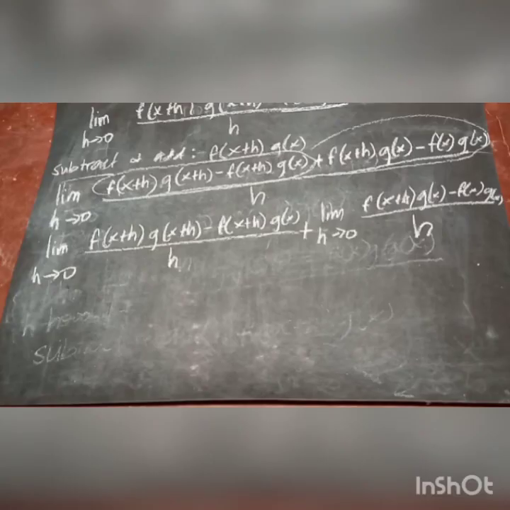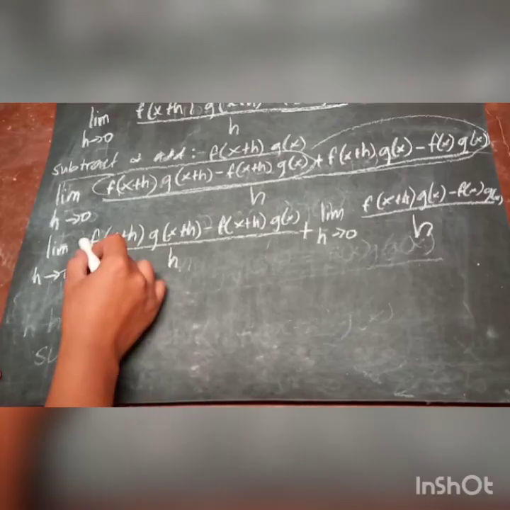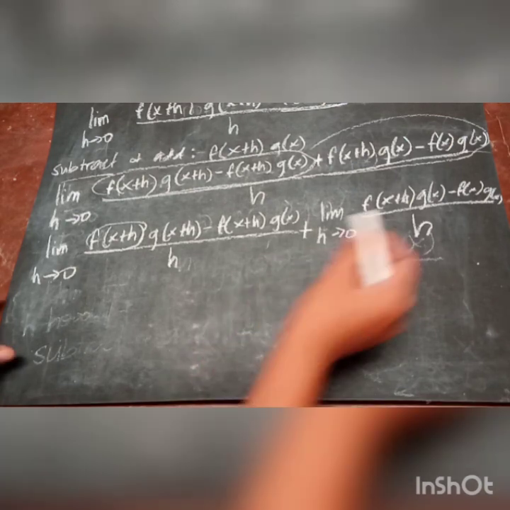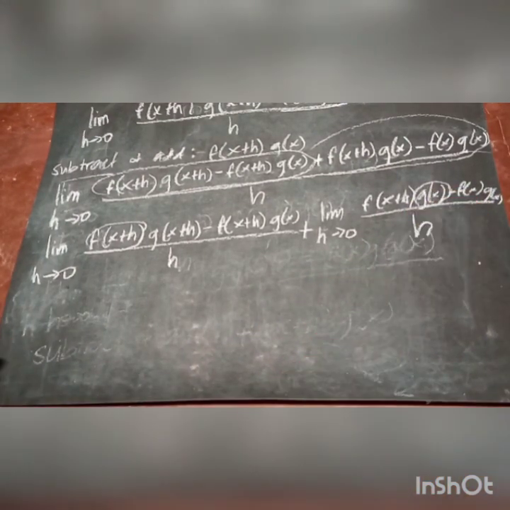In the first limit, I'm gonna factor out f of x plus h, and in the second limit, I'm gonna factor out g of x.